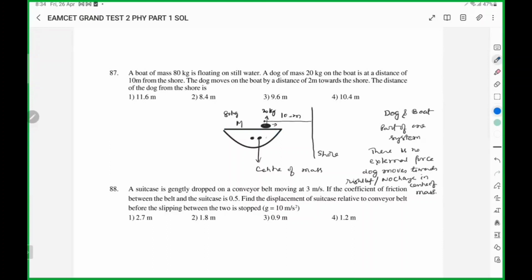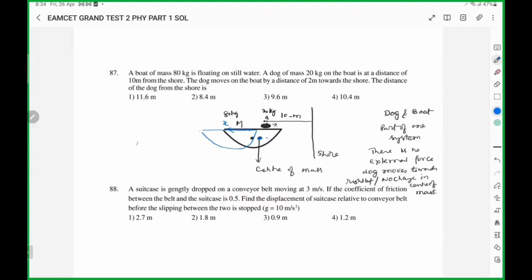Actually, the center of mass shifts. If the boat is here and the dog moves towards the right, the center of mass will shift. But since there is no external force, the center of mass should not shift. For that, the boat moves towards the left by x units.